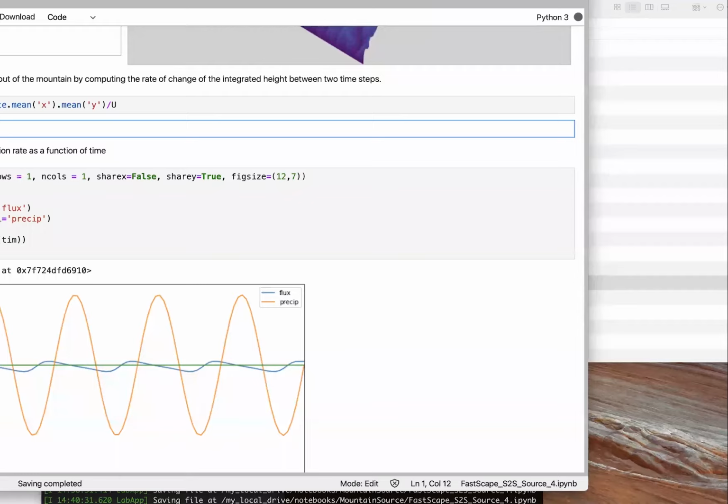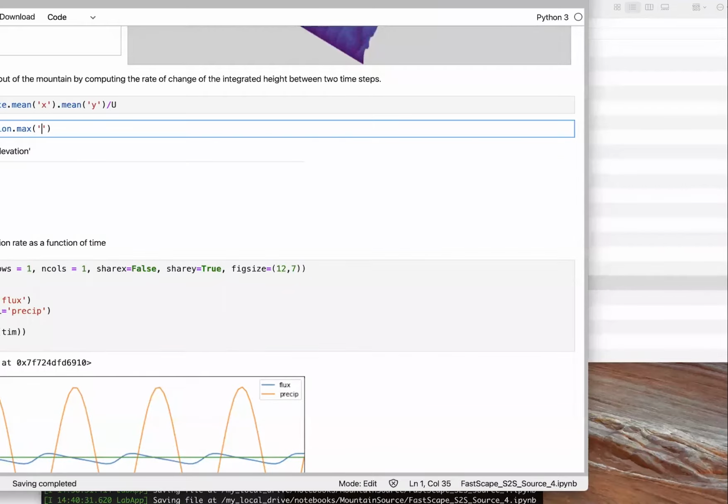Specify that I want to do the max in space, not in time. Or actually it's better, because the max can be misleading, let's look at the mean elevation. The mean in X, I think it's a better way, and the mean in Y. Now I have a time series of the mean elevation of the topography. Okay. Let's call this topomean. And now I can plot it.